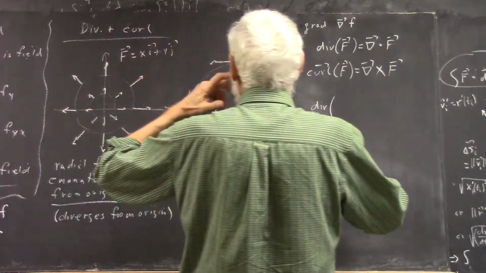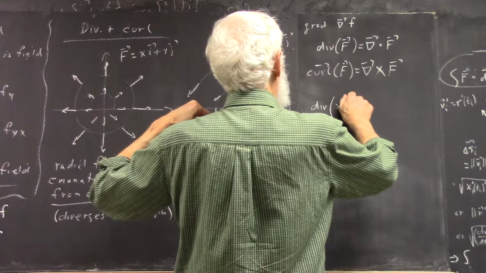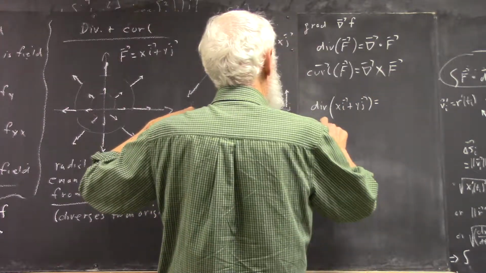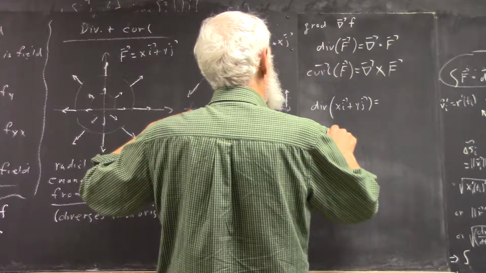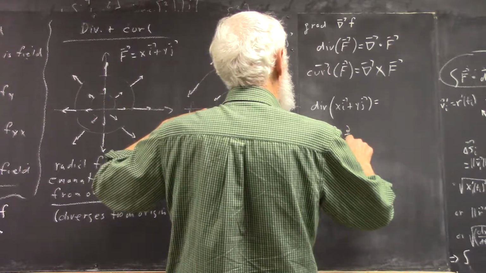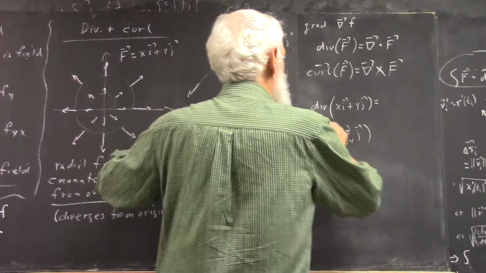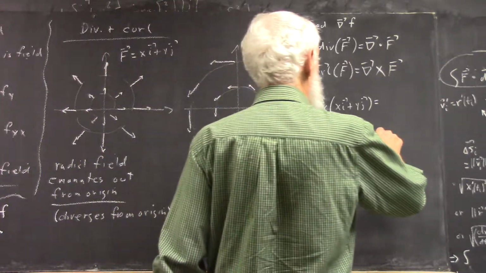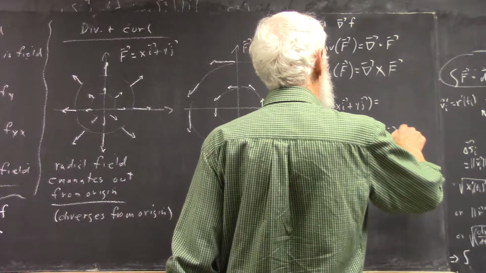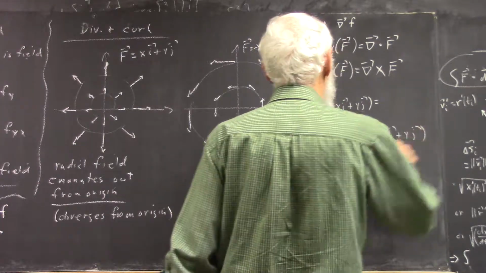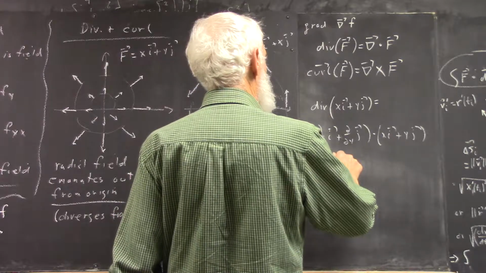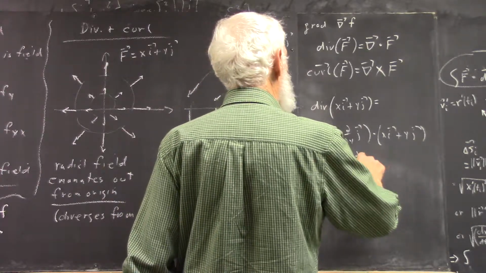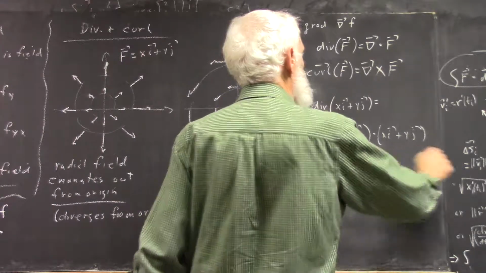The divergence of the xi plus yj field is the del operator dotted with xi plus yj, which is partial of x with respect to x plus partial of y with respect to y, which is 2, right?